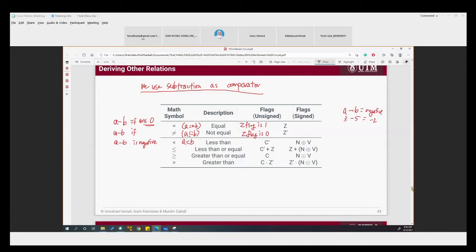For unsigned, we will check the C, which is carry.